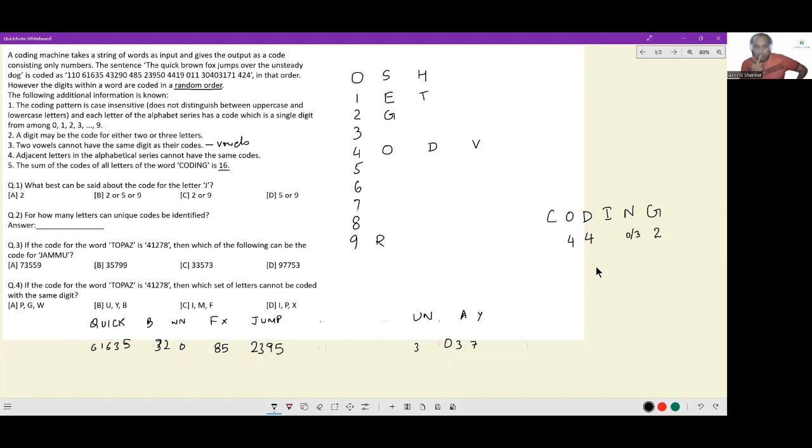Now I'm looking at the pairings that can exist for I. It can be 6, possibly 6. Can it be 1? No, E is already eating that up. I can be 6. I can be 3. And I can be 5.